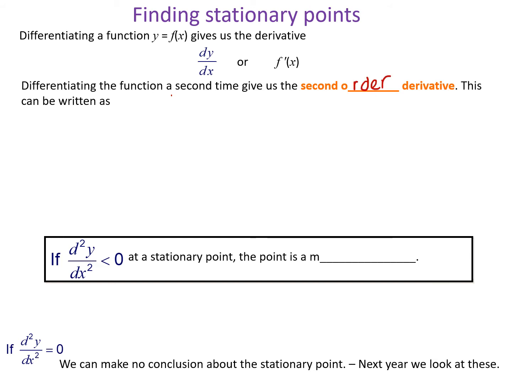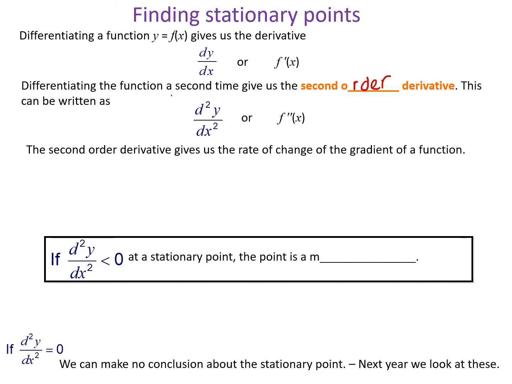This can be written as d2y by dx squared, or in fact f dash dash of x. The second order derivative gives us the rate of change of the gradient of the function. We can think of this as the gradient of the gradient.